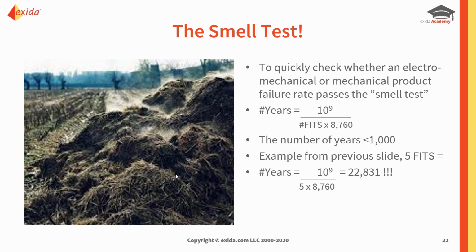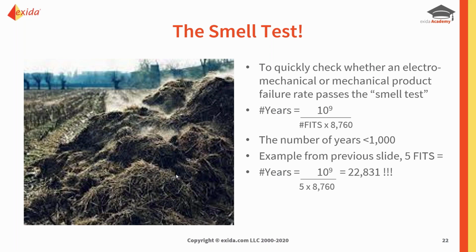So typically those numbers that you saw are normally seen for final elements. They're in the solenoids or valves or actuators. So what we want to check is whether some form of electromechanical or mechanical product failure rate passes this smell test, as I call it.